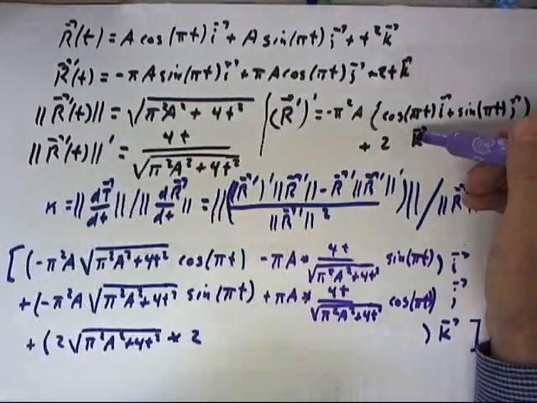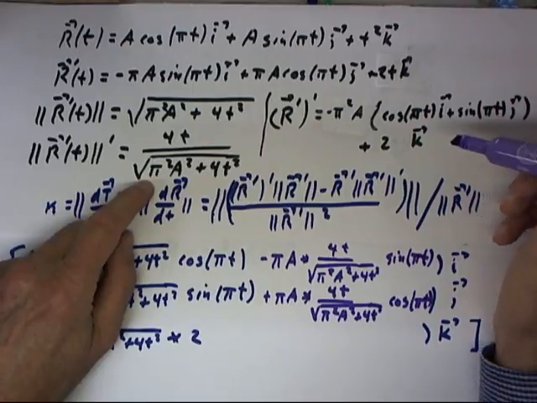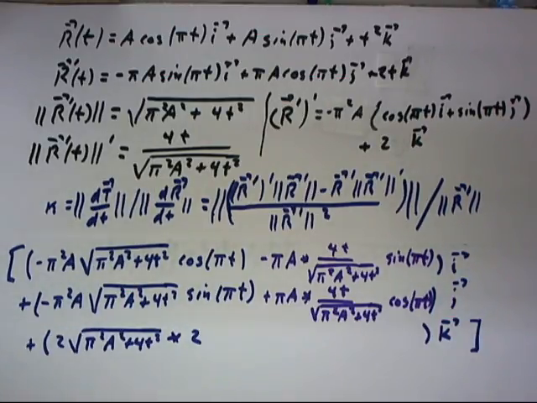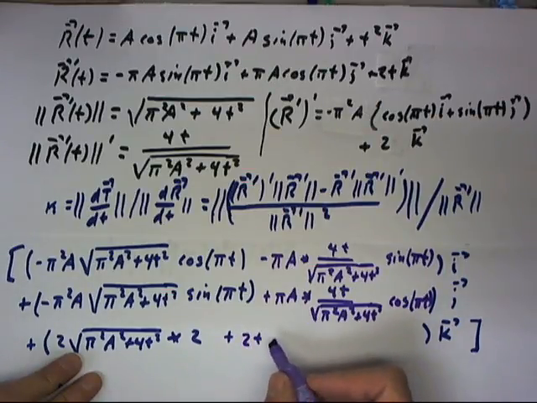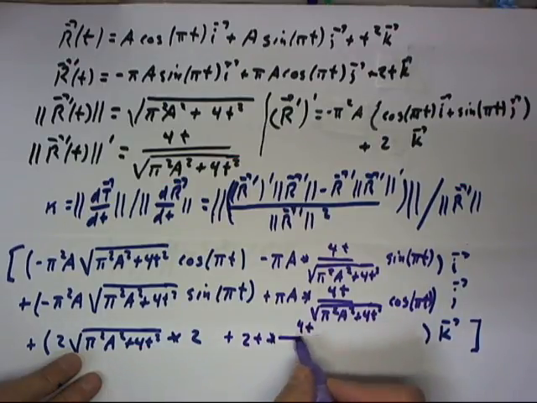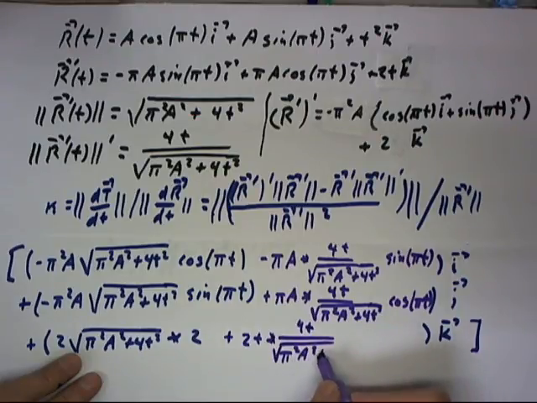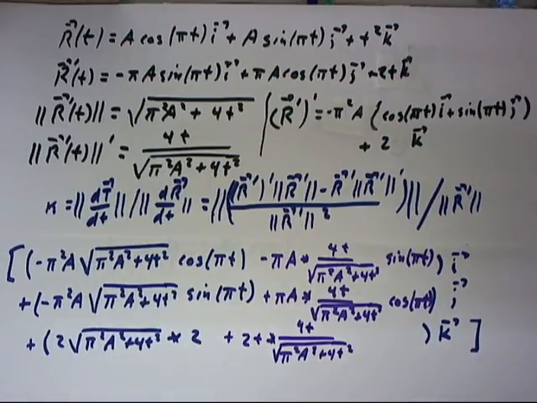Okay, so we have a 2tk multiplied by the 4t over the square root of pi squared a squared plus 4t squared, that's going to give us 2t times 4t over the square root of pi squared a squared plus 4t squared, times k.